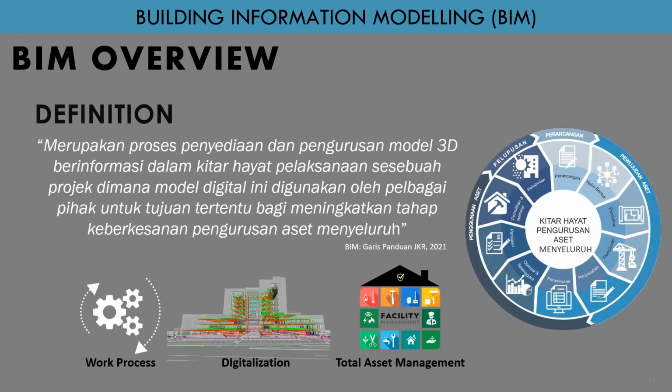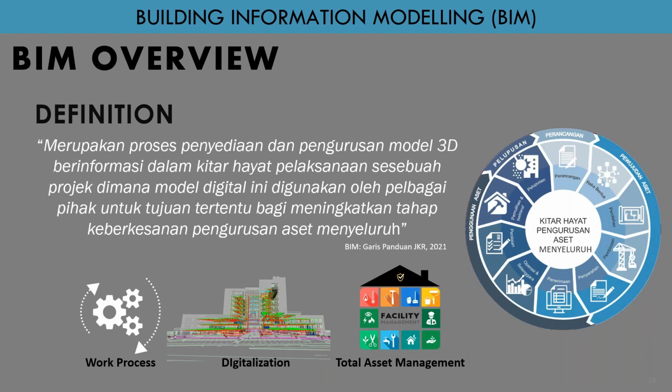Okay, we go for the BIM overview. You can download our Garis Panduan BIM JKR 2021 on our website. So BIM, according to JKR, is a process to develop and manage the 3D model that is developed, that has information, and it can be used throughout the whole construction life cycle and asset life cycle in the projects.